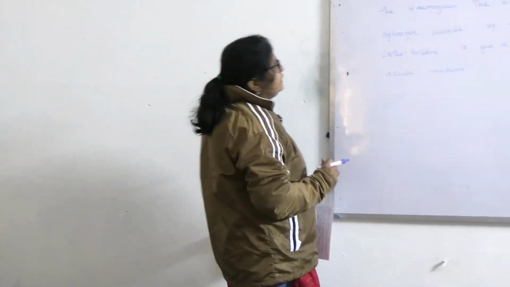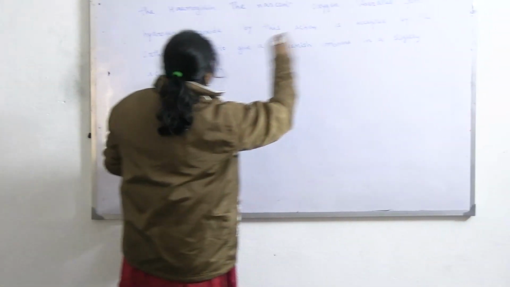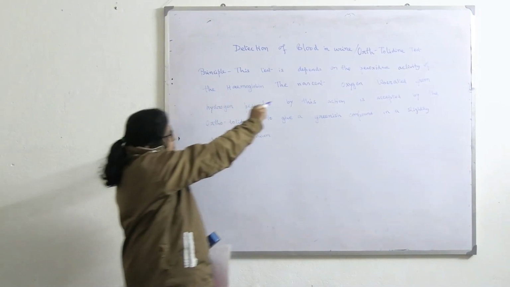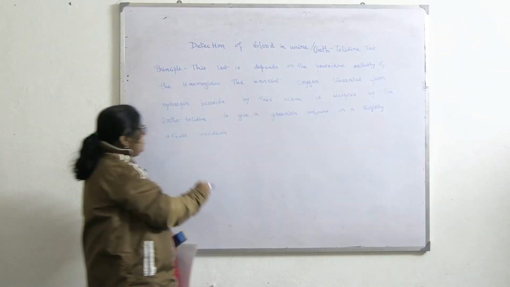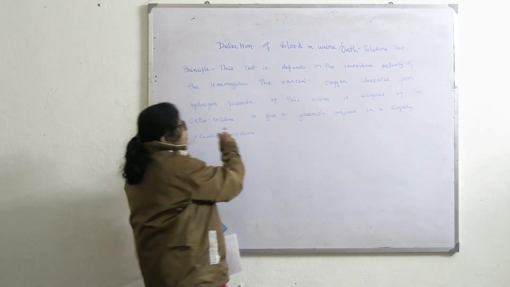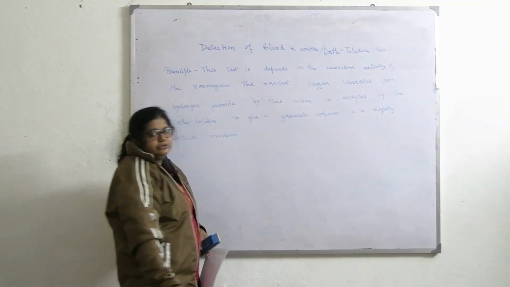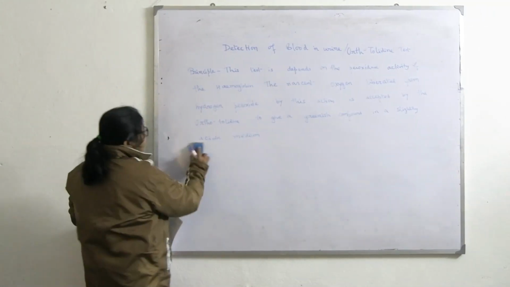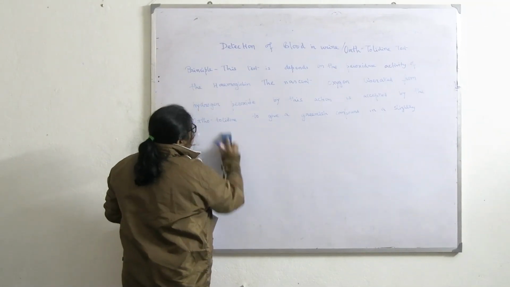Okay. This peroxidase activity acts on this hydrogen peroxide, produces nascent oxygen. This nascent oxygen with ortho-tolidin gives a greenish compound. Okay. In acidic medium.